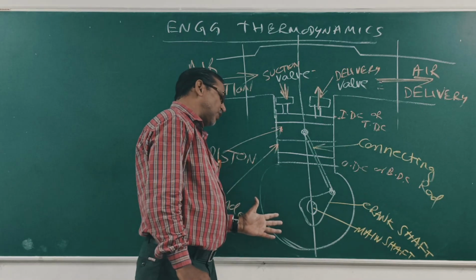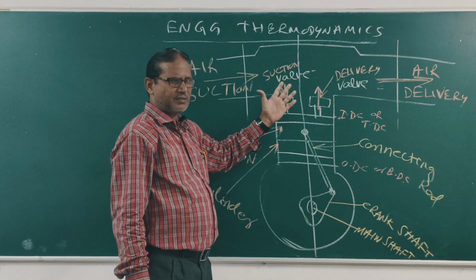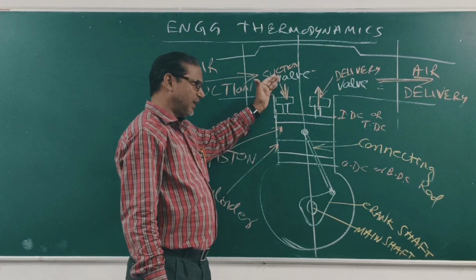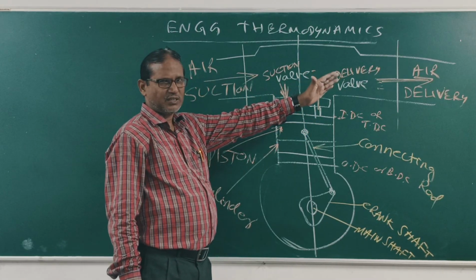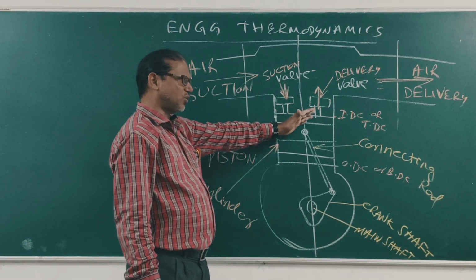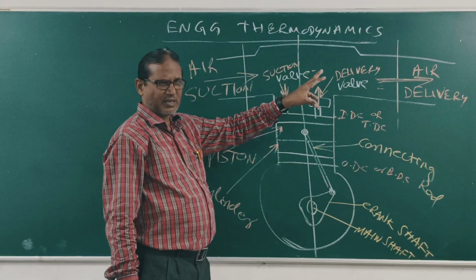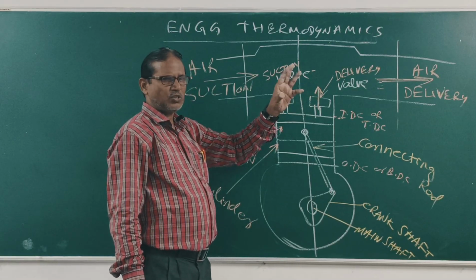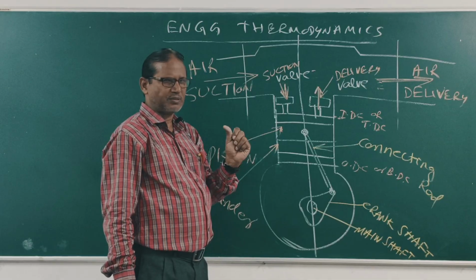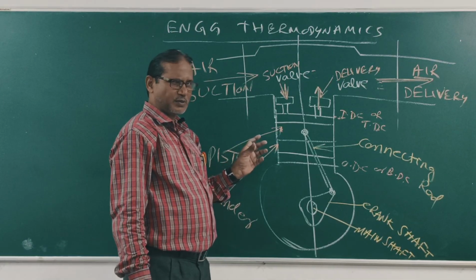Again, when the piston moves upwards, the pressure increases and the delivery valve opens. The air discharges through the delivery valve during its delivery stroke, and is stored in the vessel. From the vessel, we supply the air to the required place through pipes. Clear? Now I will write what I explained.